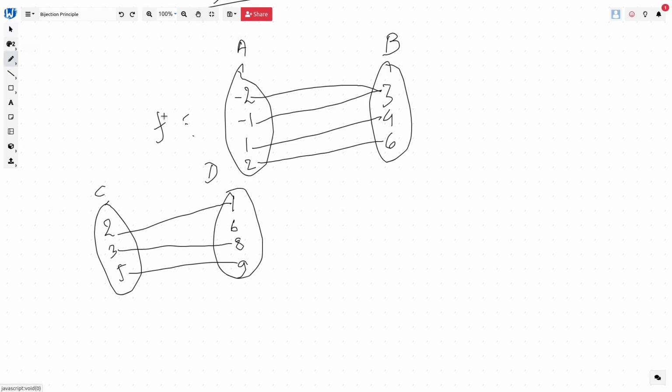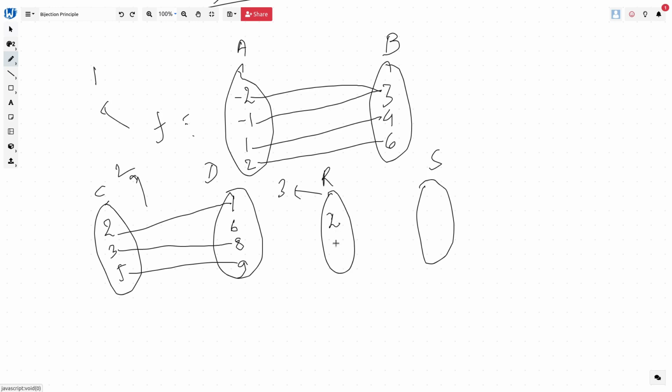This is the first function, this is the second mapping, and the third one is, let's say, the R set and this is the S set. The third mapping is defined with the elements 2, 4, 6 here, and here we have elements like 1, 2, 5, 7. So 2 is mapped to 1, 4 is mapped to 1 and 6 is mapped to 5.